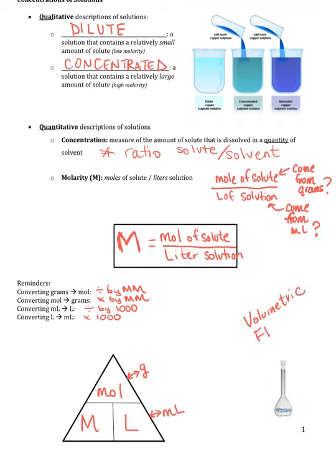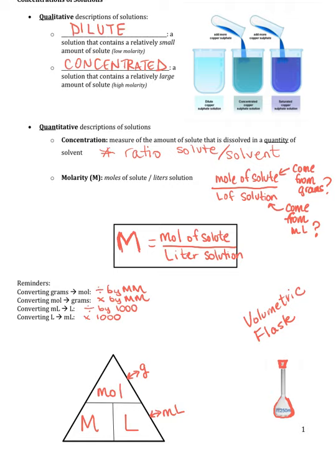And it looks kind of like an Erlenmeyer flask. It doesn't have the sharp triangle on the bottom like an Erlenmeyer does. It's a little rounded. And then at the top, it's got a stopper.